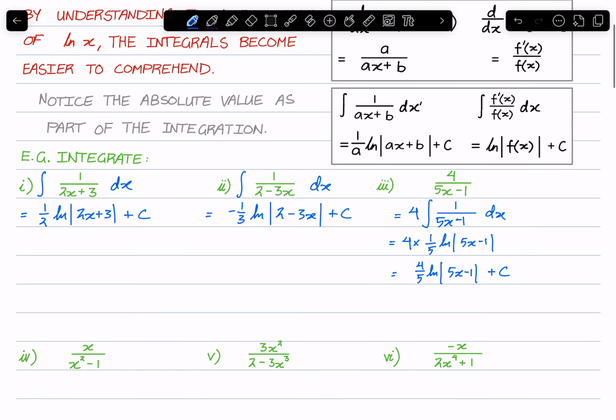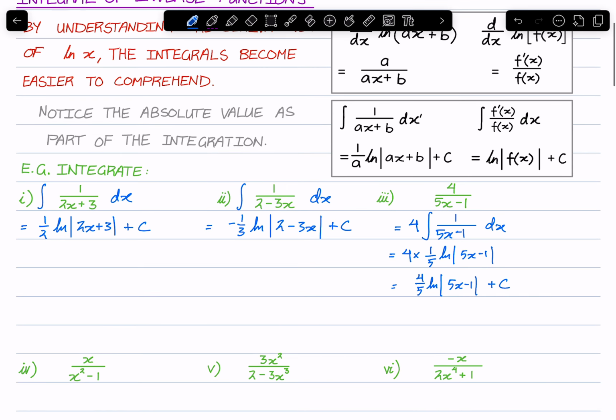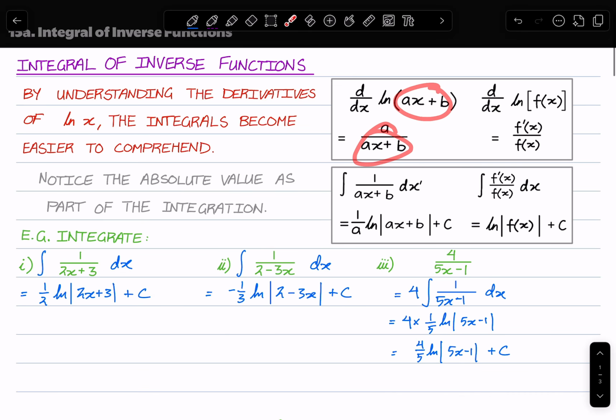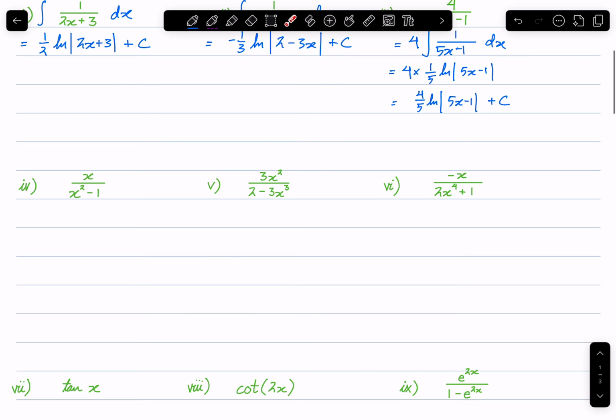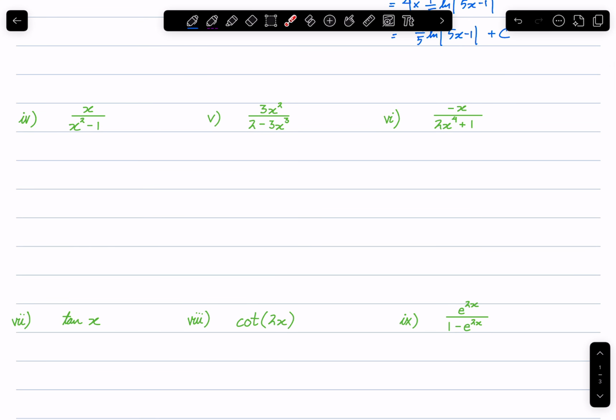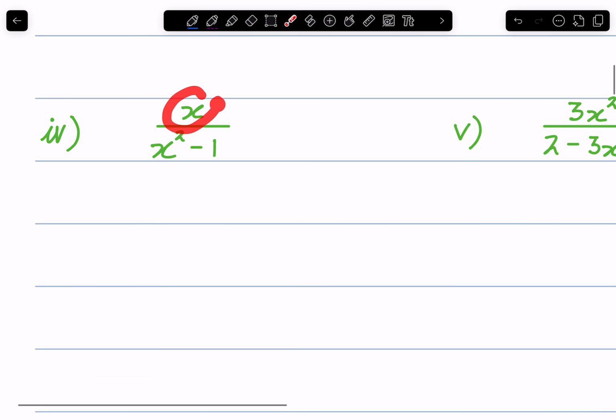So these first three are all just these linear chains, or reverse chain rule with linear inside functions, so to speak. Now let's take a look at all of these. It's a little bit trickier with this one, but the main thing I want you to notice with the pattern of these is that the numerator is almost always 1 degree less.